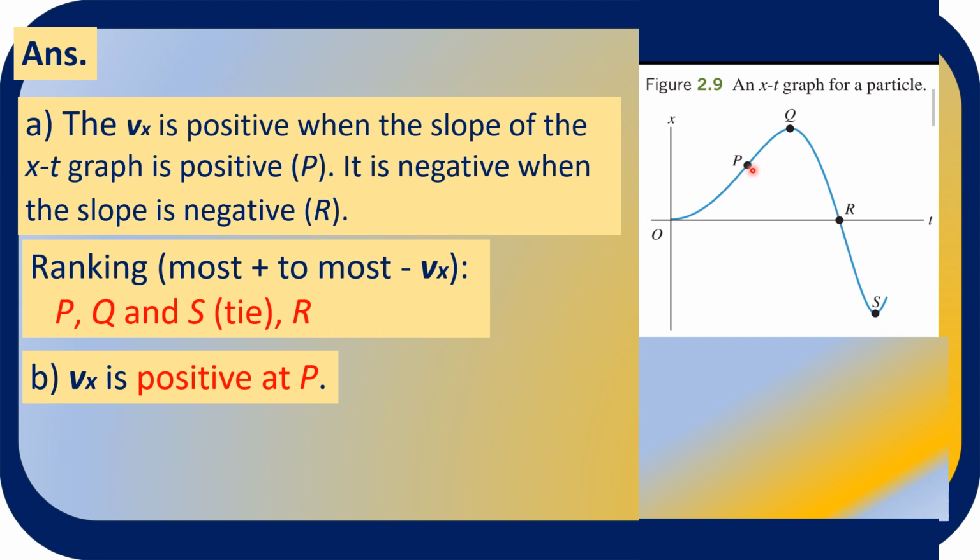And when you're talking at point P, you are referring to the instantaneous velocity at point P, which must be positive.